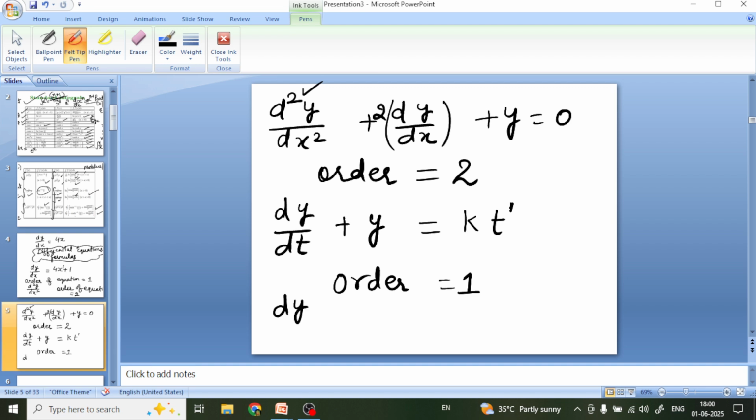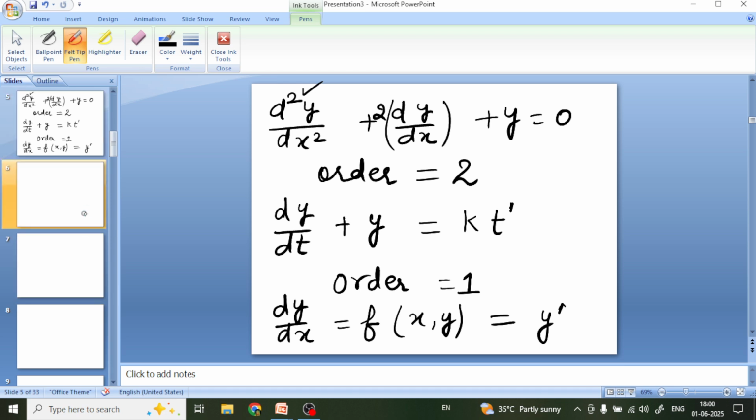And in the case of a first order differential equation, dy over dx is represented by f of x comma y, or you can represent it by y dash.